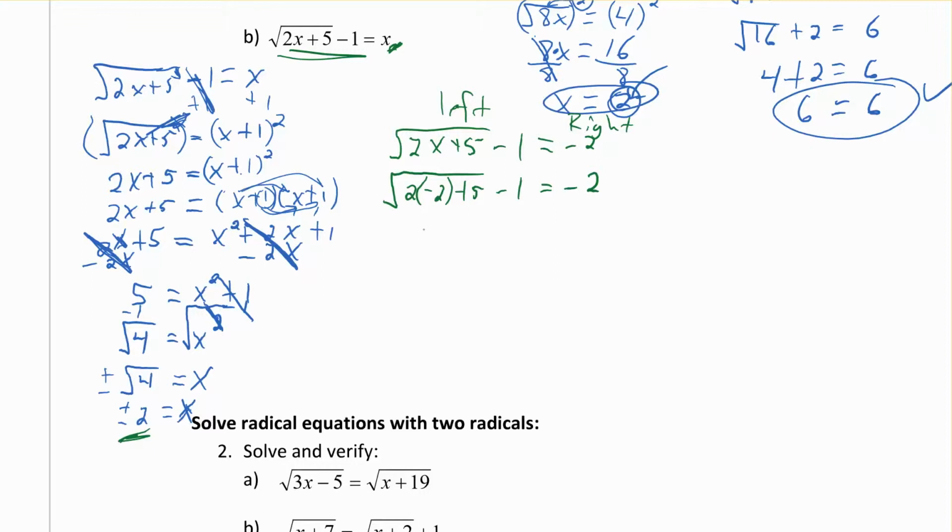So 2 times negative 2 is going to be equal to negative 4, plus 5 is 1, square root of 1 is 1, minus 1 is equal to negative 2. So in the end here, I've got something that says 1 minus 1, 0 is equal to negative 2. 0 is not equal to negative 2.